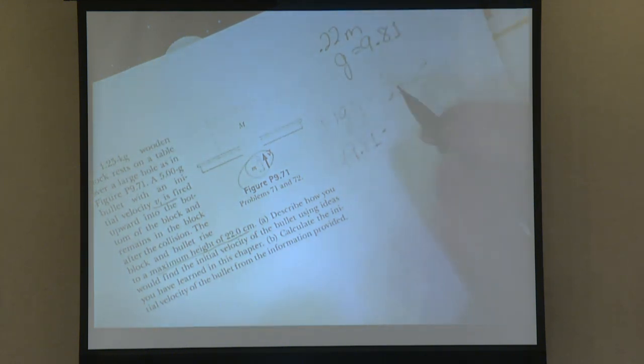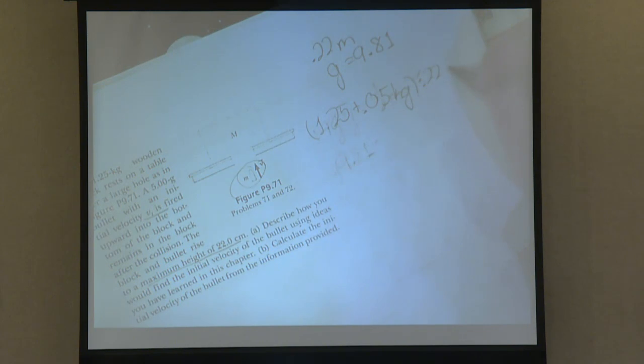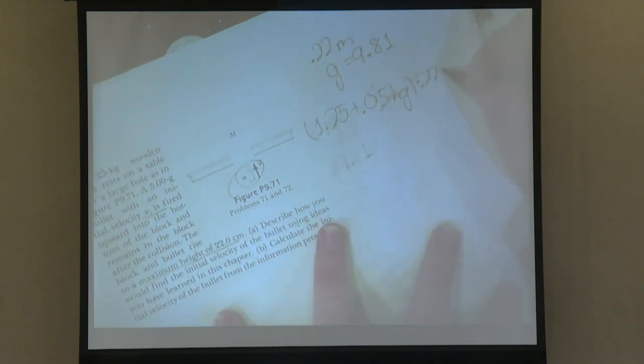So you can find what the velocity would have to be to make it rise that height, because it starts at 0. Our combined mass is going to be 1.25 kilograms plus 0.05 kilograms, times 0.22 meters, times gravity.